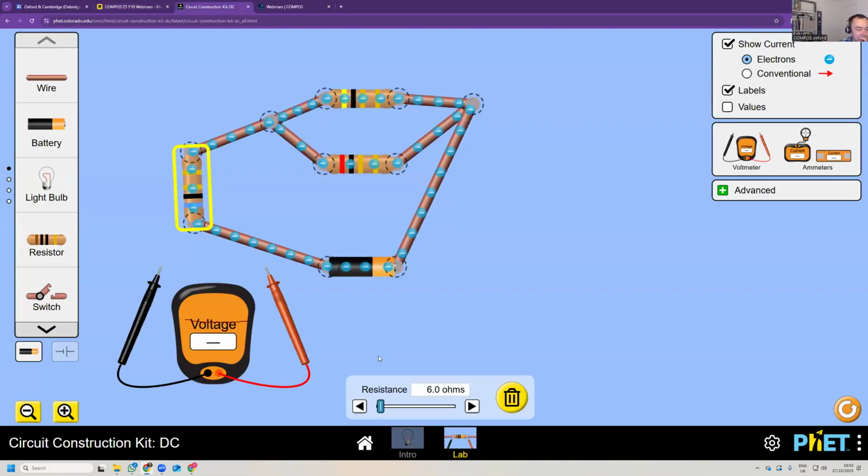So this must be 20 ohms. This must be 6.